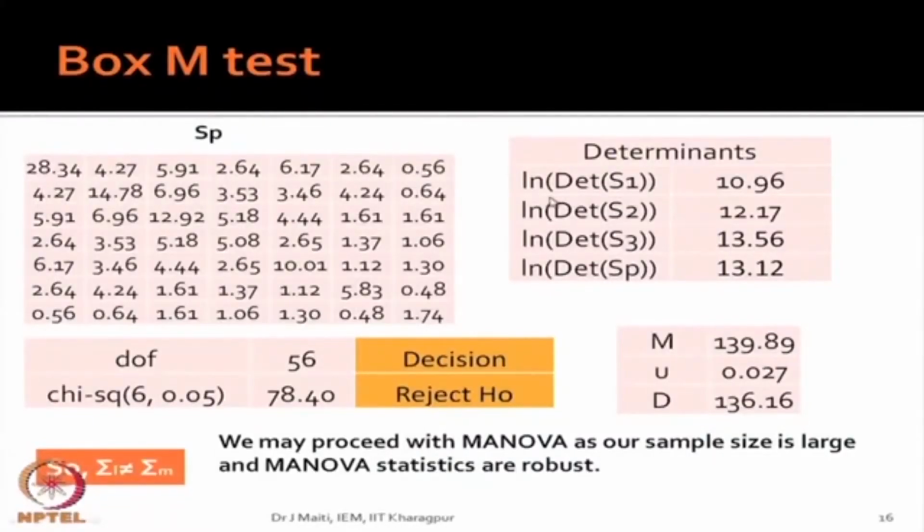Now, you find out log determinant of S1, S1 is already there. In this case this is 10.96, log determinant of S2 is 12.17, log determinant of S3 is 13.56, log determinant SP is 13.12, and then we calculated M. How have we calculated M?